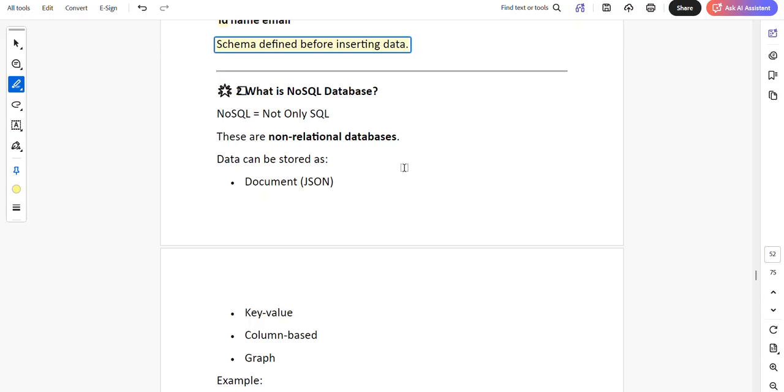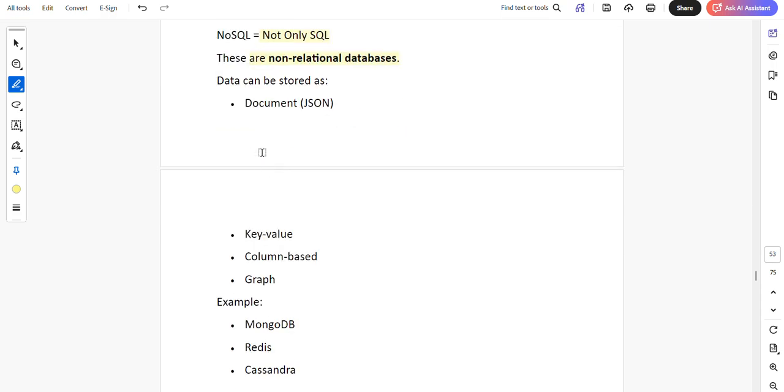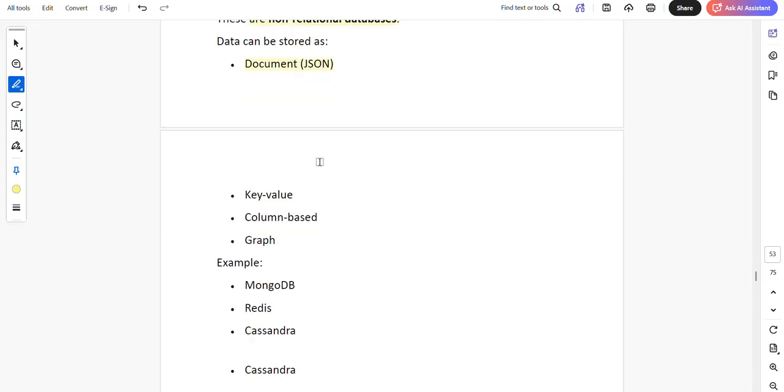One part is SQL, the other part is NoSQL. If SQL holds data in a tabular, column and row format, then NoSQL means not only SQL. These are non-relational databases. Data can be stored in document format, such as JSON, JavaScript Object Notation.